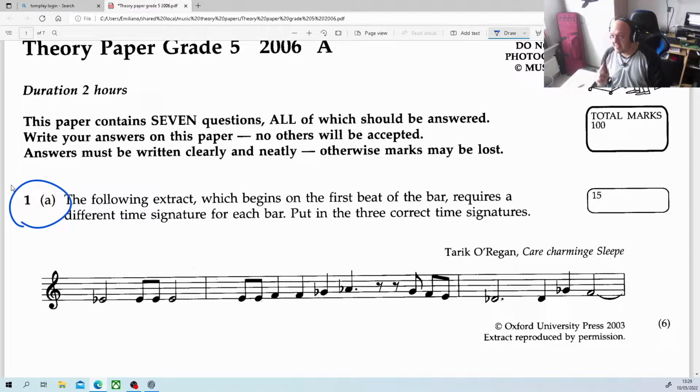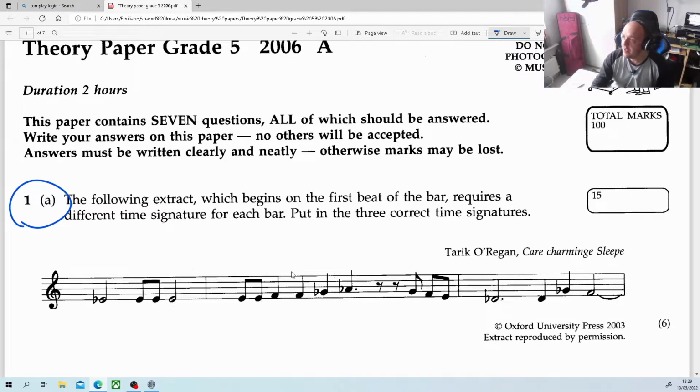The following extract, which begins on the first beat of the bar, requires a different time signature for each bar. Put in the correct time signature. So, what you want to do is take a screenshot, pause the video, work it out, and then press play and check your answers with me.